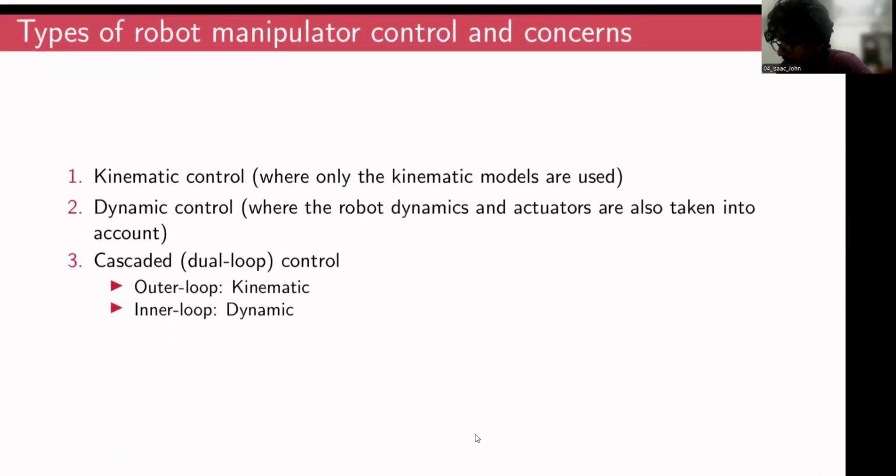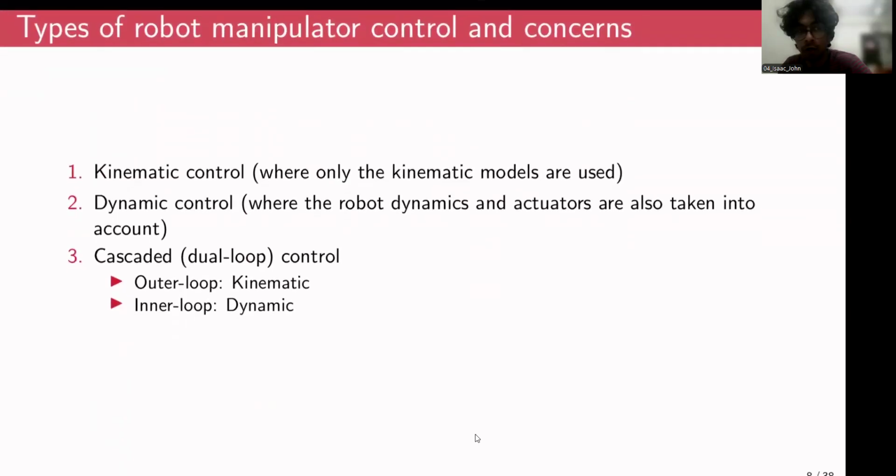Now let's have a more relevant classification of robot controllers. The first important classification is kinematic control, where only the kinematic models are used. This could be relevant if a robot is moving very slowly. We don't really need to consider the dynamic effects due to inertia, as inertial effects could be very small.